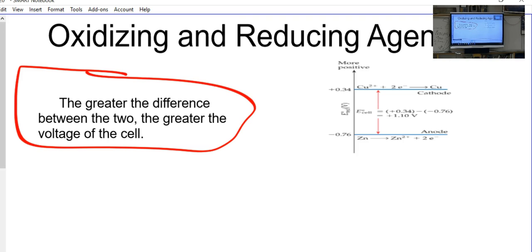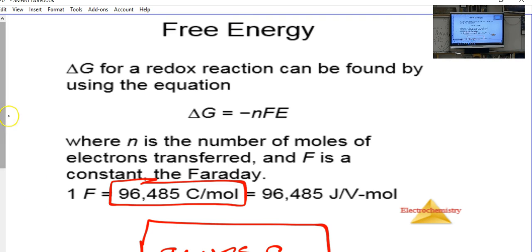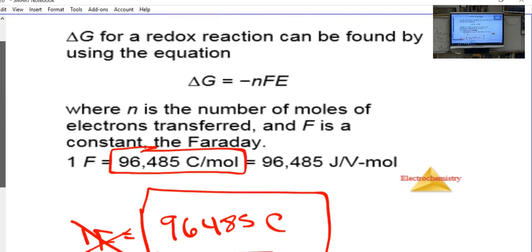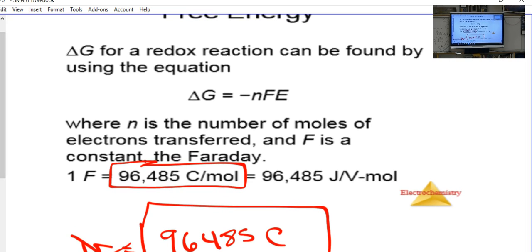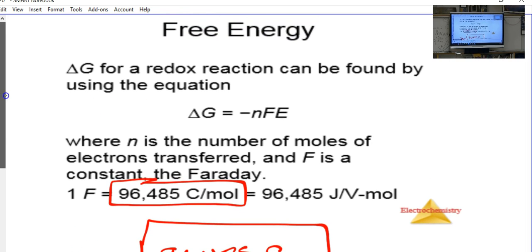Okay, good. All right, now, what does this have to do with last chapter? Well, of course, we can figure this out.